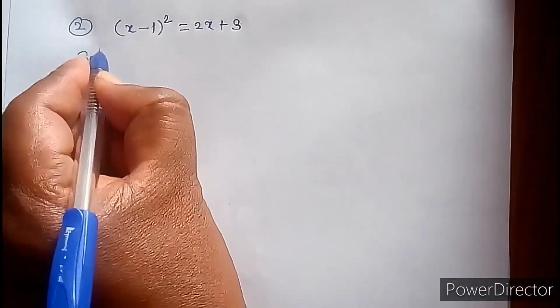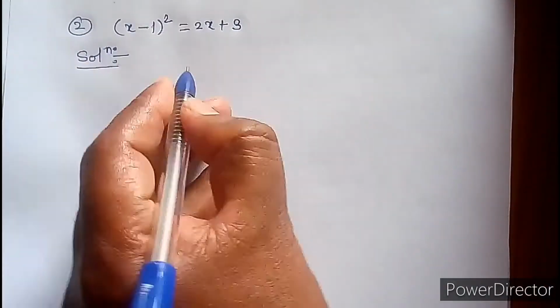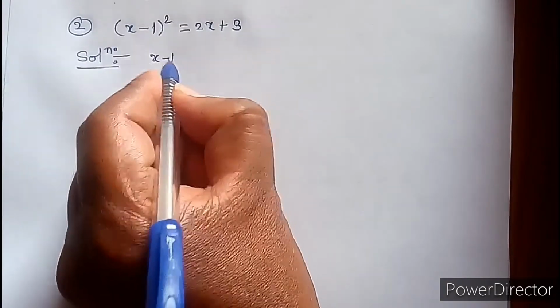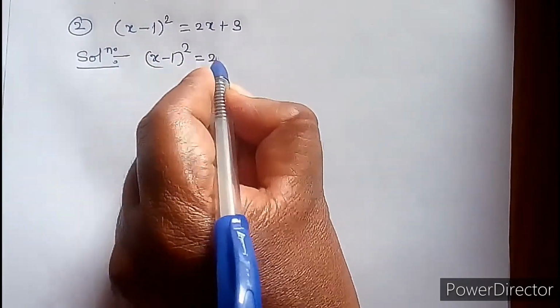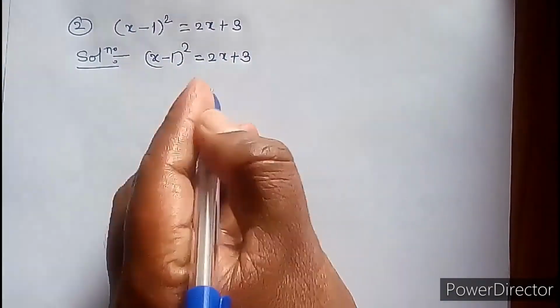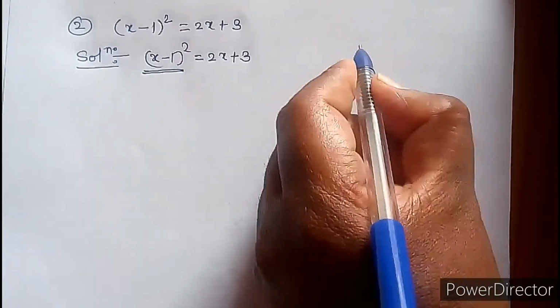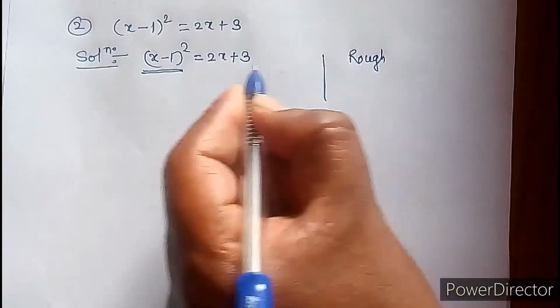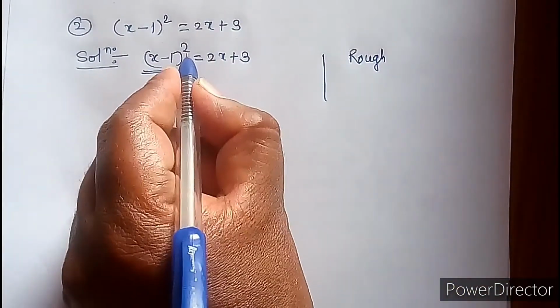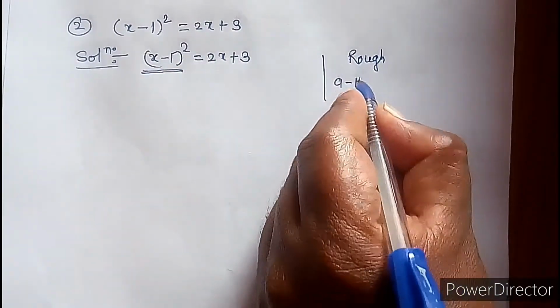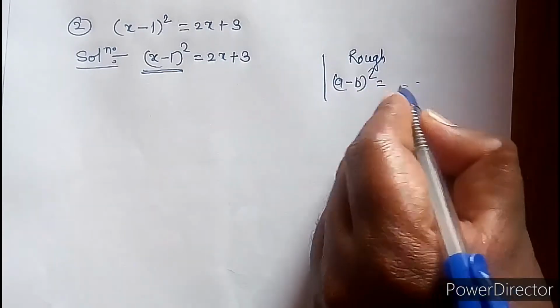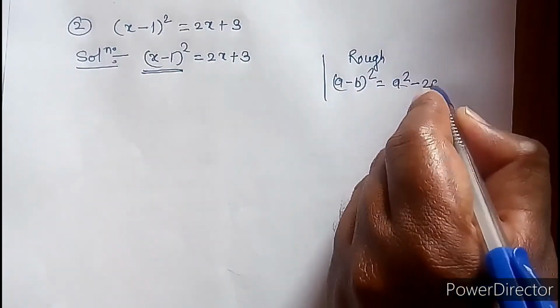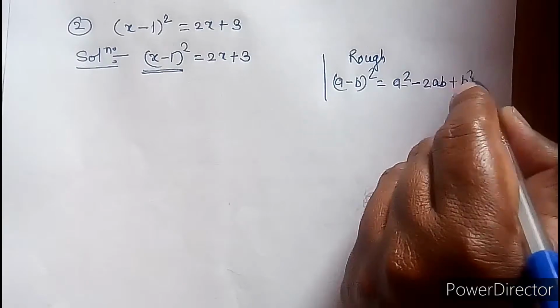In the solution part, write down the equation as it is, that is x minus 1 whole square equals to 2x plus 3. Now we have to expand x minus 1 whole square, in the rough part, using the formula a minus b whole square equals a square minus twice ab plus b square.